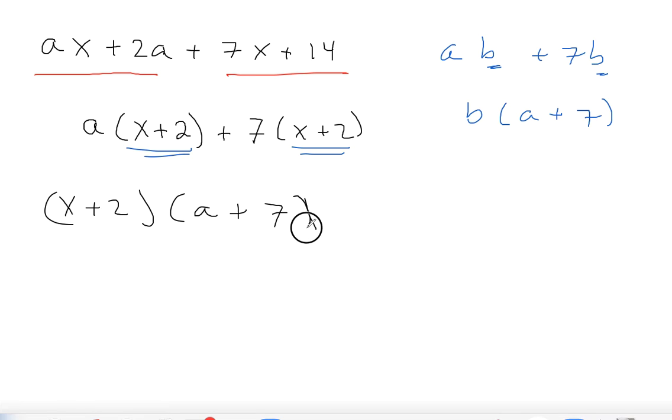That should look more like parentheses. You can FOIL this back, but you can also think of it as x plus 2 times that a right there, x plus 2 times that 7 right there. So this is still just factoring out a greatest common factor. It's just now the greatest common factor is a binomial instead of a monomial, like in the first several problems.